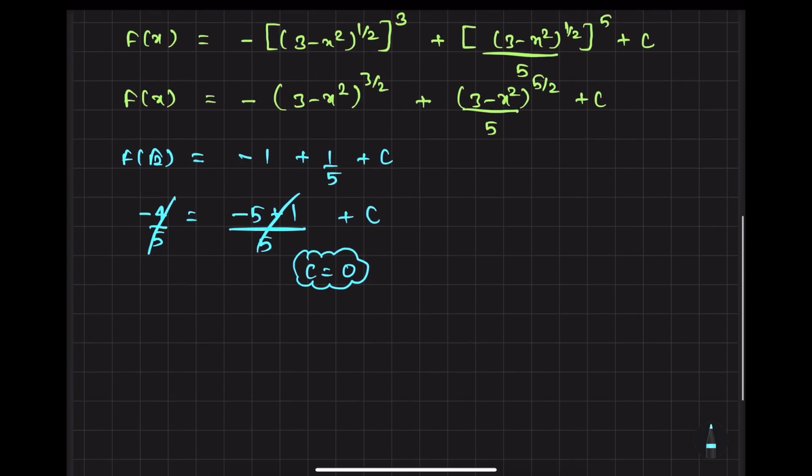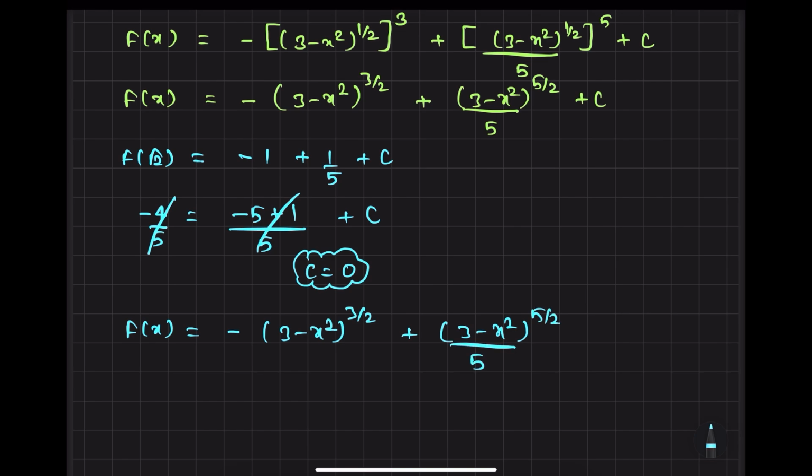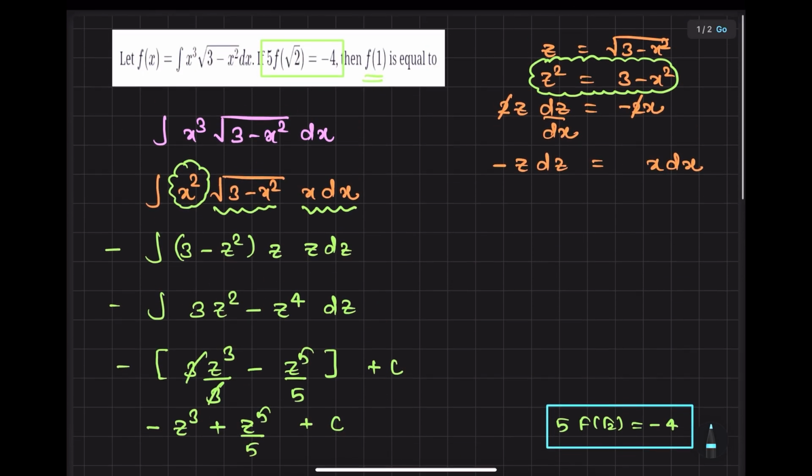So you got the value of c as 0. Now you can write down your proper function f of x as minus 3 minus x square power 3 by 2 plus 3 minus x square power 5 by 2 upon 5. c is 0. Now you have to find f of 1.